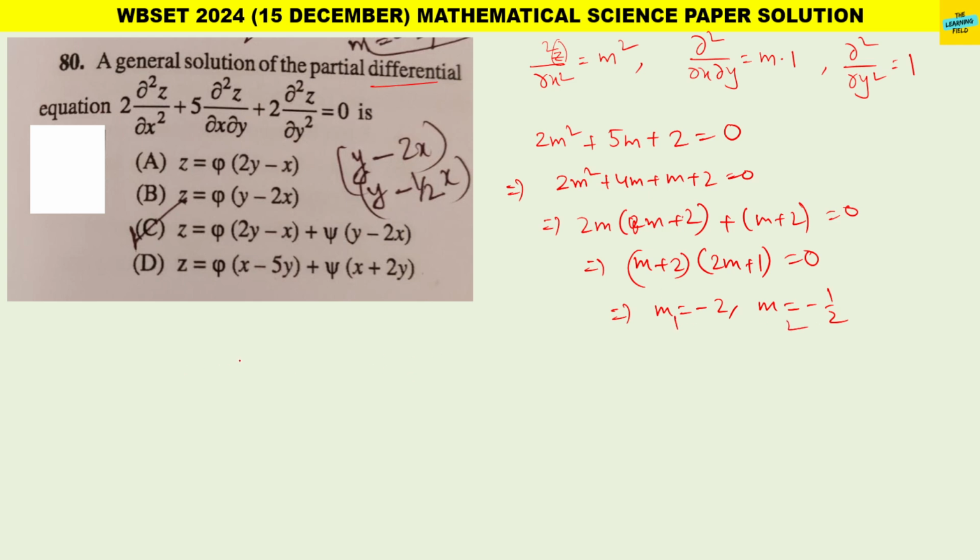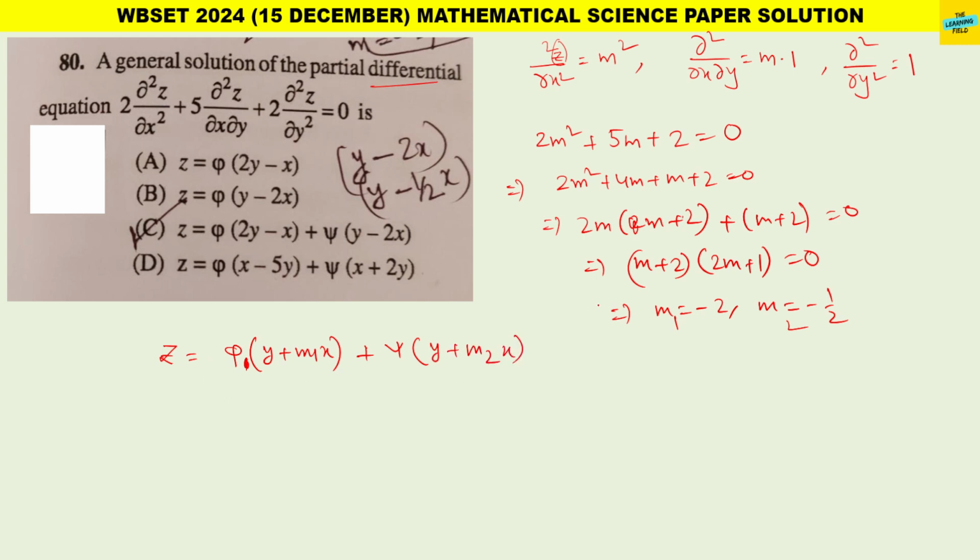If we get two different roots of the auxiliary equation, then we write the solution in the form phi of y plus m1x plus psi of y plus m2x, where phi and psi can be any arbitrary functions.